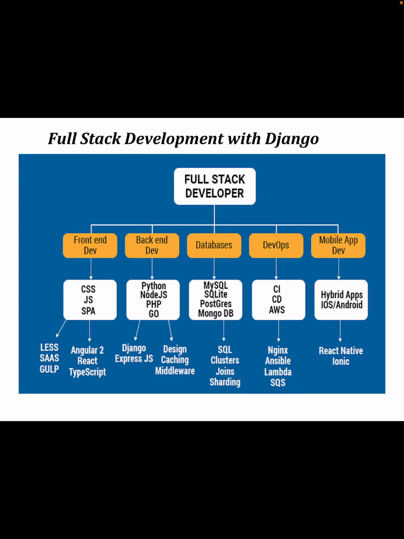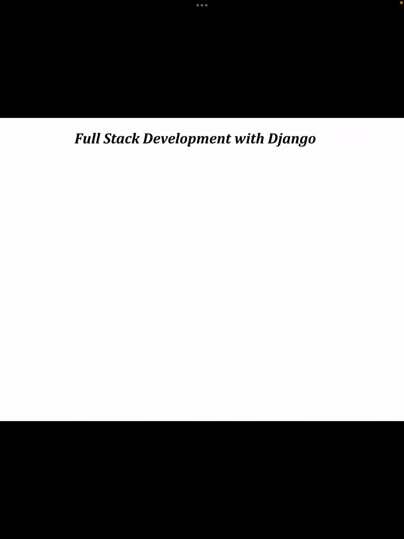For example, in front-end development, we use CSS, JS, and SPA. In back end, we use Python, Node.js, PHP. For database, we use MySQL, SQLite, MongoDB. For DevOps, we use CI, CD, AWS. And for mobile applications, we use hybrid apps, iOS, and Android.